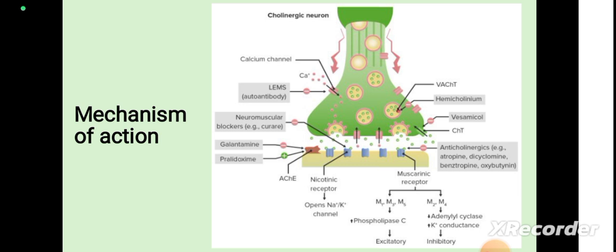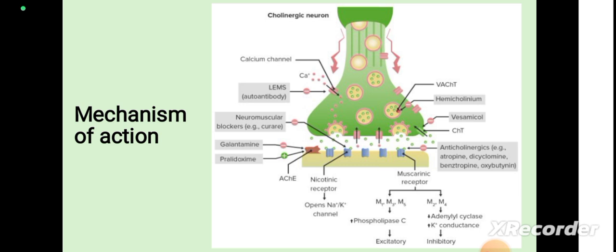M1, M3, M5 increase the action of phospholipase C, so it shows excitatory action at the end. M2 and M4 decrease the action of adenylyl cyclase, and potassium conductance is increased, so it shows inhibitory action for muscarinic receptors.